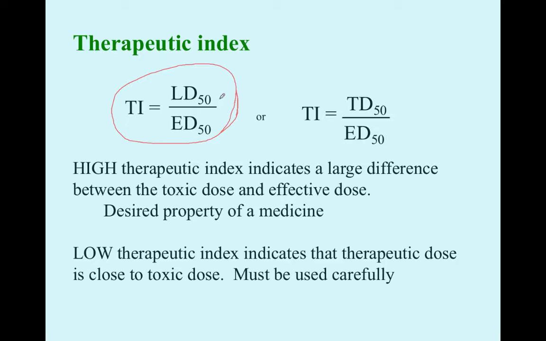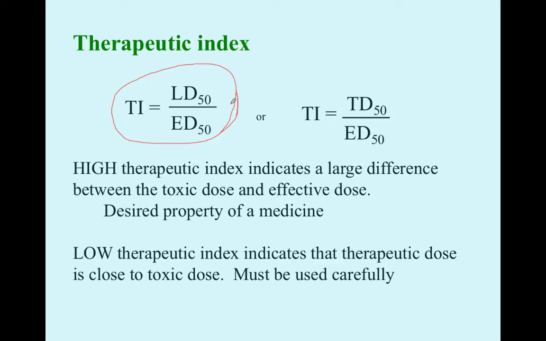Okay, so say your lethal dose is 100 times larger than your ED, then your therapeutic index would be 100.